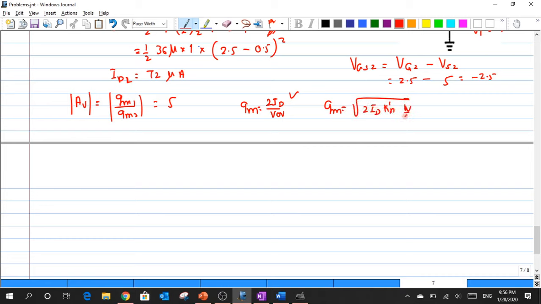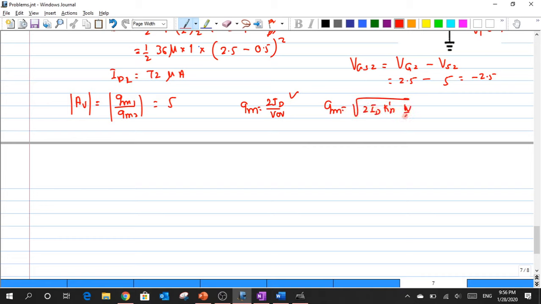So based on that, let us try to express this GM1 and GM2 in terms of the square root equation. I have the square root of 2ID kn dash W by L of 1, divided by the square root of 2ID kp dash W by L of 2, and that's supposed to be equal to a value of 5.